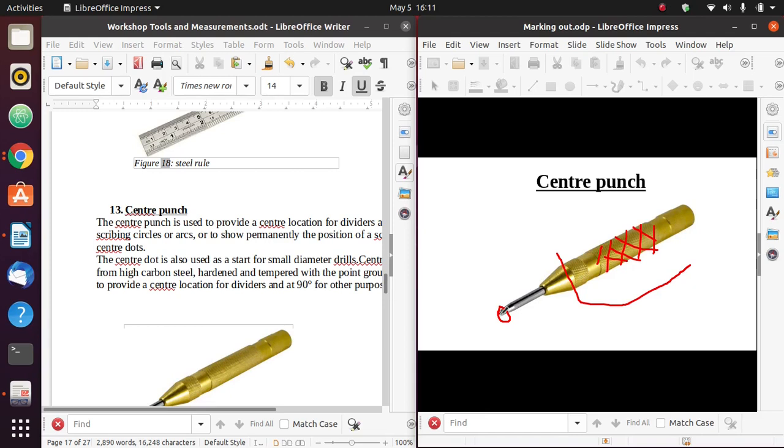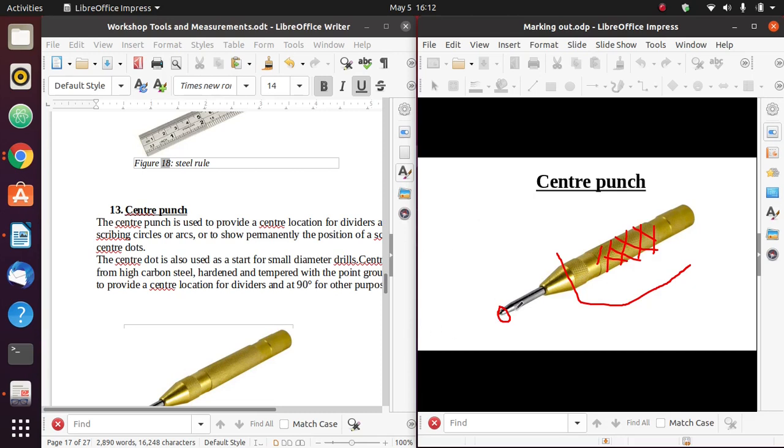So that angle may change. The included angle may be 90 or 60, depending on the type of punch that you're using. This specifically is a center punch, but you have different types of punches. You have dot punches, you have prick punches, but they all do the same thing. Yeah, the only difference is the angle.